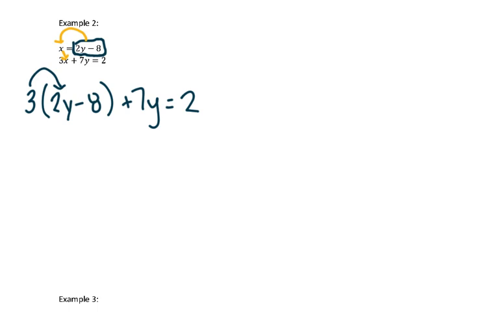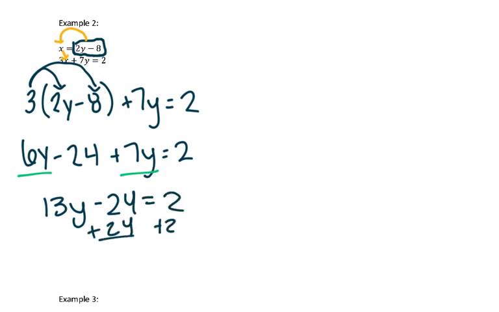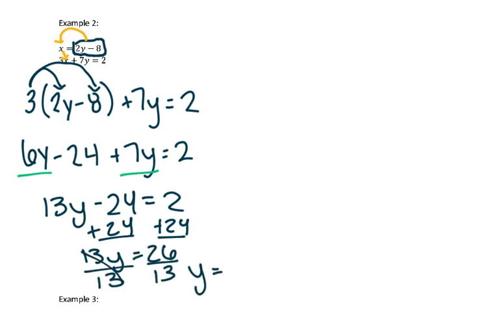We're going to distribute to get 6y minus 24 plus 7y equals 2. Underline our like terms. So we get 13y minus 24 equals 2. Add the 24, 13y equals 26. Divide by 13, we get y equals 2.